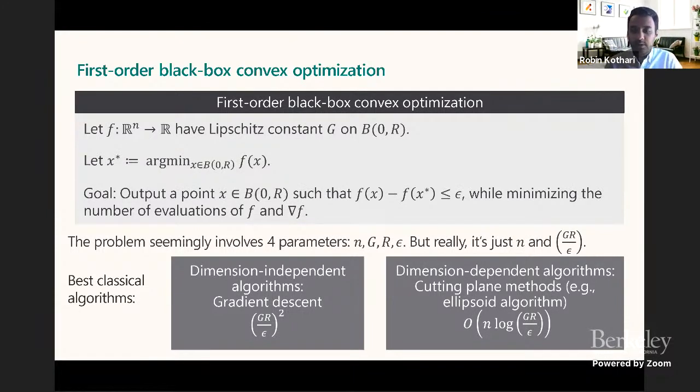I'm not going to talk about those, but I mention it because people often ask, being familiar with the ellipsoid algorithm, how does that work? I'm thinking of the situation where n is very large, so you don't want dependence on n. In this case, gradient descent is the optimal algorithm. That means you can prove a lower bound that you need GR over epsilon squared queries. Any classical algorithm must make so many queries. Okay, any questions at this point?